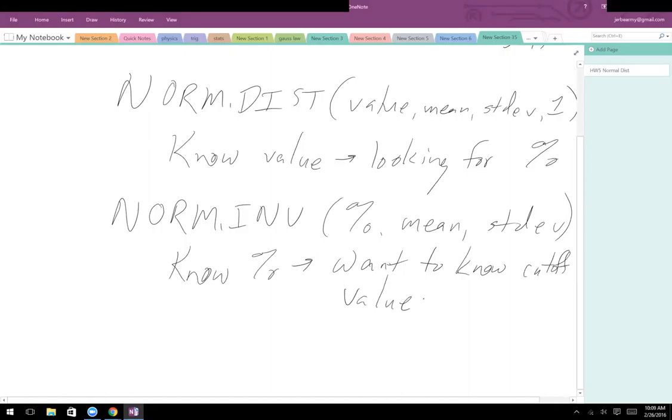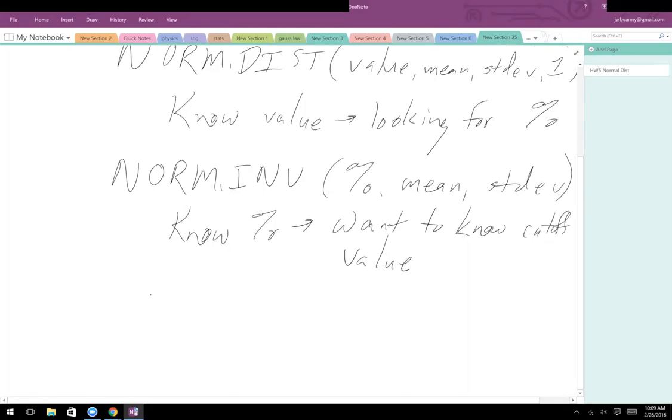And for both of these, the one thing you always remember is the percent is always area to the left.